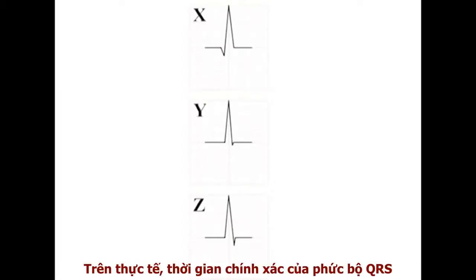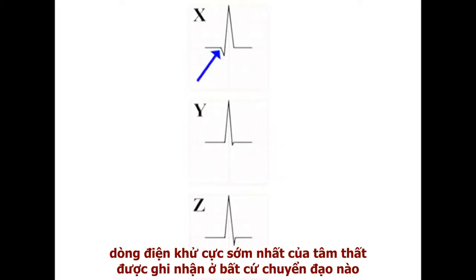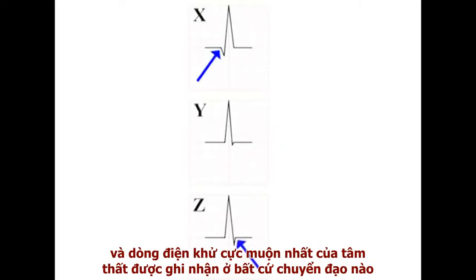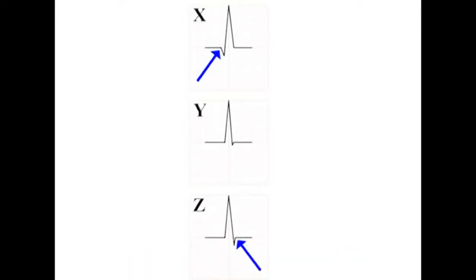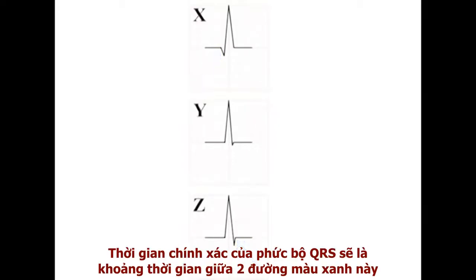In fact, the true QRS duration is represented by the difference in time between the earliest ventricular depolarizing current detected in any lead and the latest ventricular depolarizing current detected in any lead. So in this simplified example, the true QRS duration is enclosed between the blue lines.